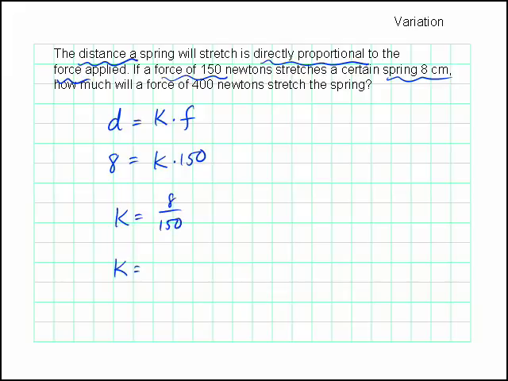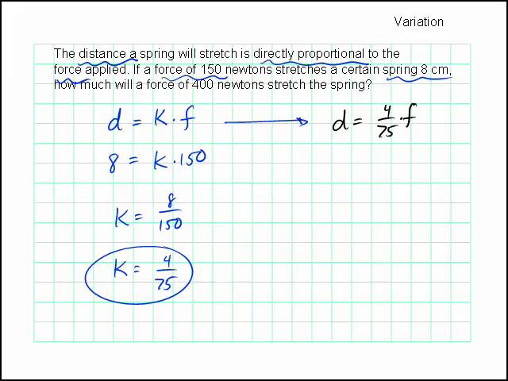If I reduce that, that's going to be 4 over 75. That doesn't reduce any further. So there's my variation constant k, 4 over 75. So this equation is actually d equals 4 over 75 times F. That is the equation which I need to use to solve the problem.